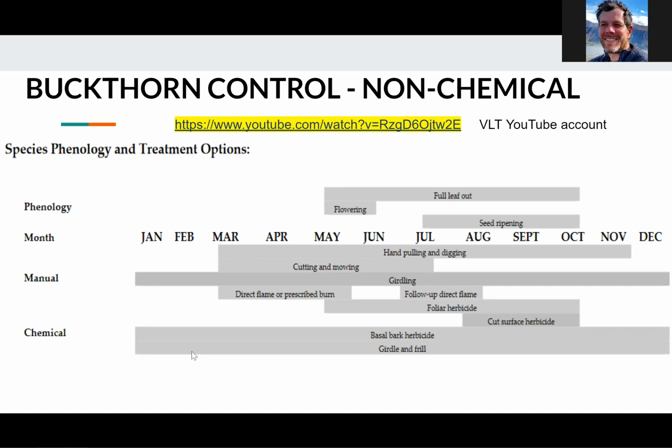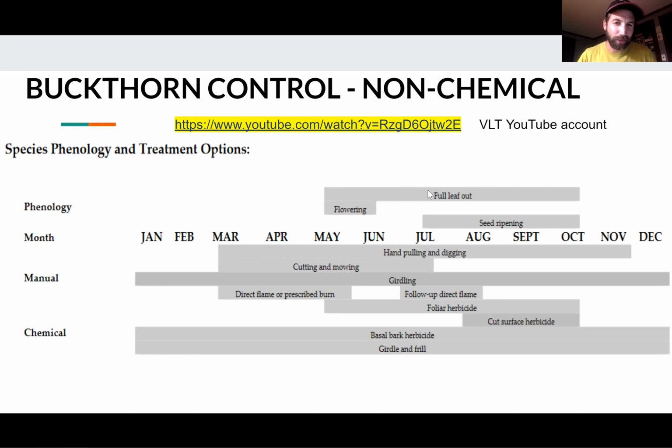Triclopyr's mode of action is to essentially completely dysregulate the hormonal balance of the plant, so it grows too fast and outgrows its energy reserve and then dies. So those are the more common formulations.